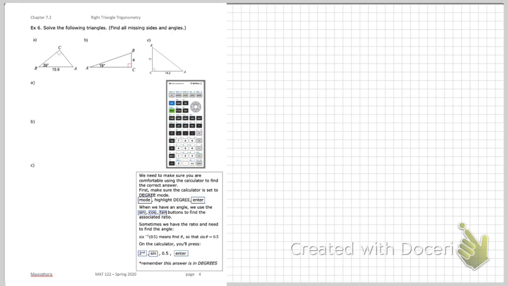Okay? So first things first, taking a look at triangle ABC, we've got that right angle at C, which is 90 degrees. We know that angle B is 39. So we know that A, and I'm going to stick it over here. Angle A plus angle B has to be 90 degrees.